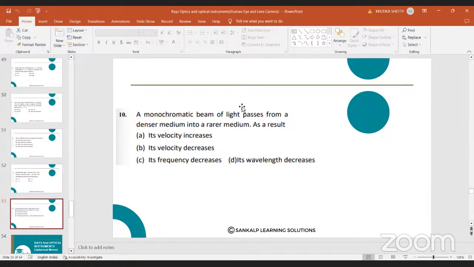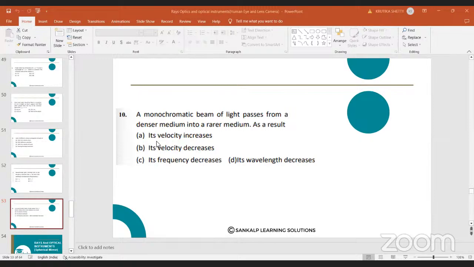Which one? Option A, its velocity increases. Yes, Harshita, Damini, Danamma, correct here. Option A is correct. When light travels from a denser to a rarer medium, its velocity increases.